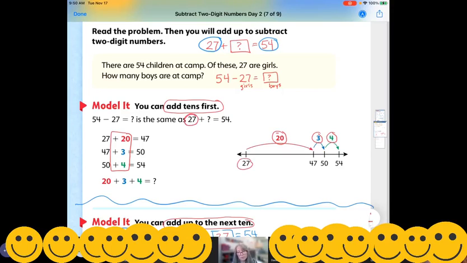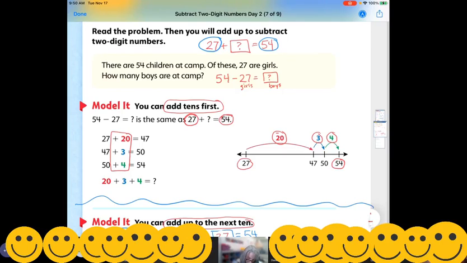They ended their number line the same exact way at 54. The only difference is how they went about adding their numbers to get to 54. They chose to just add a bunch of tens, okay? Now, 27.